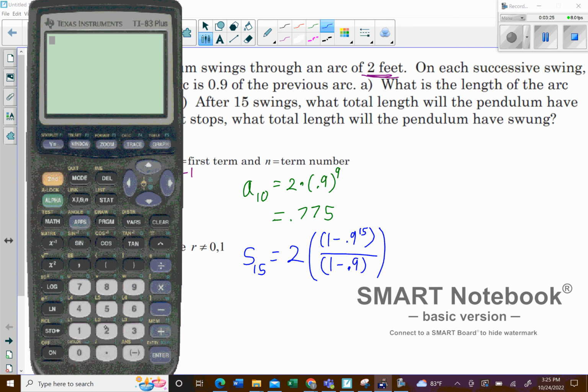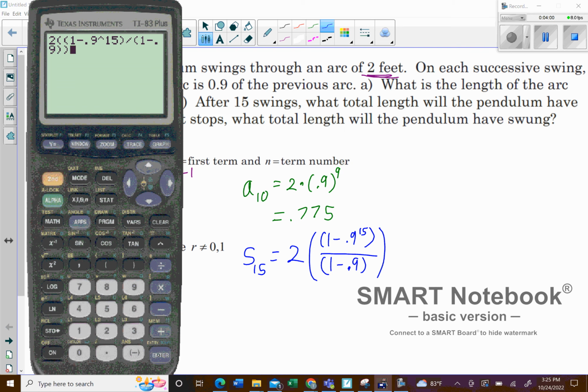So 2, open up my main parentheses, and then I have to open up another parentheses for my numerator. Then I'm going to have 1 take away 0.9 raised to the power of 15, and I'm closing that parentheses of my numerator right there. Then I'm going to divide, and open a new parentheses: 1 take away 0.9, close that parentheses, and then close the main parentheses, the outside one that's holding the fraction.